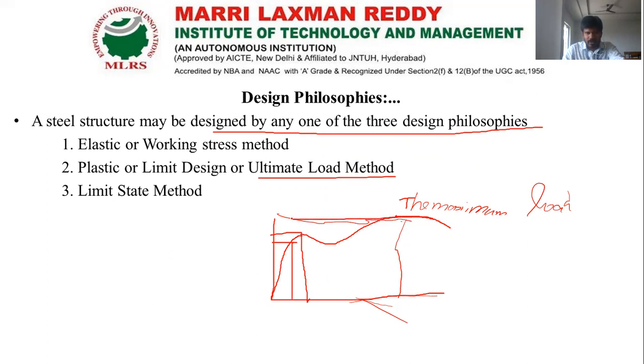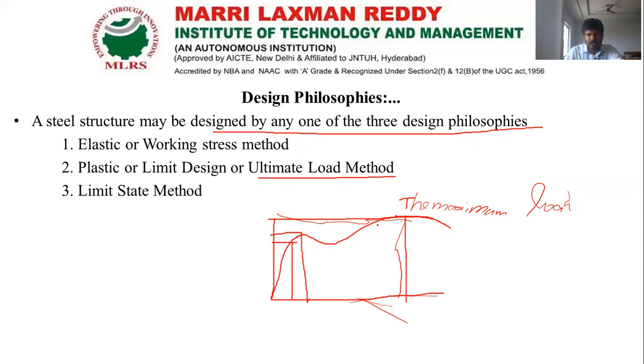Here I am going to take it as a straight line, the stress versus strain relationship. It can attain failure at any time once it reaches maximum load. From here it is purely plastic state, and here it is purely elastic state. The transformation happening here is from elastic to plastic.